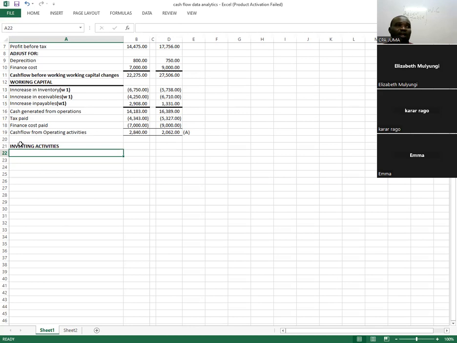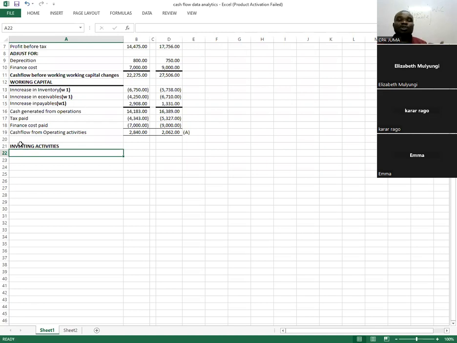People invest in non-current assets. So go to non-current assets in the question. I'm seeing here under non-current assets, property, plant, and equipment. Property, plant, and equipment is either acquired or disposed.